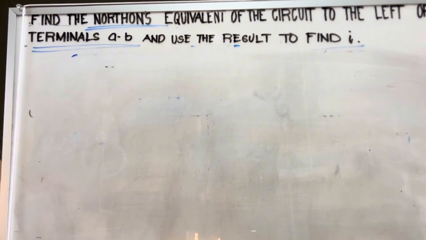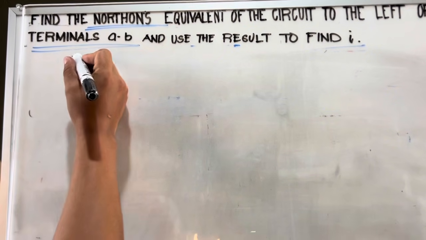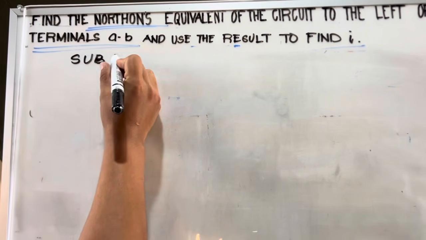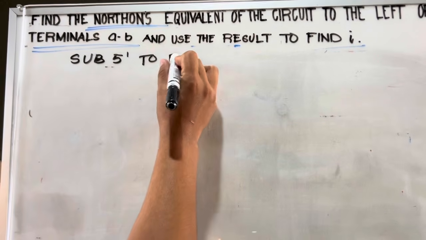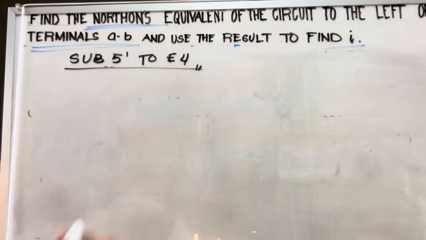We are now ready to solve letter B. So we will substitute 5 prime to equation 4. As we solved before our 5 prime and equation 4, we will now substitute 5 prime to equation 4. Alright? Equation 4.